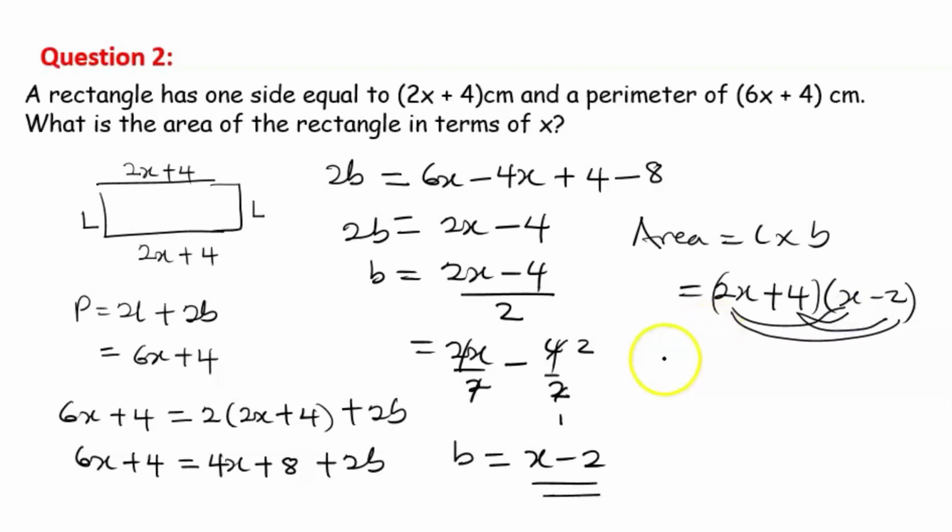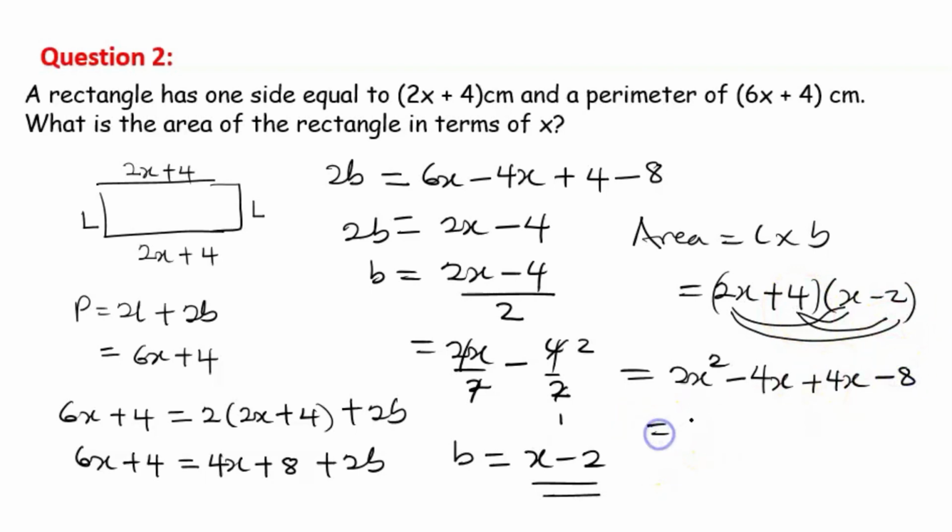We are still going to look at how to do this, but just to refresh us, it's going to be 2x times x, that will give us 2x squared. 2x times minus 2 is going to give us minus 4x. And 4 times x is going to give us plus 4x. And 4 times minus 2 is going to give us minus 8.